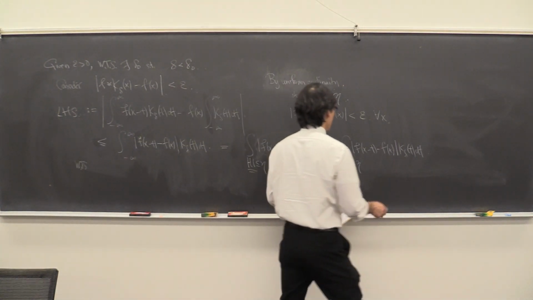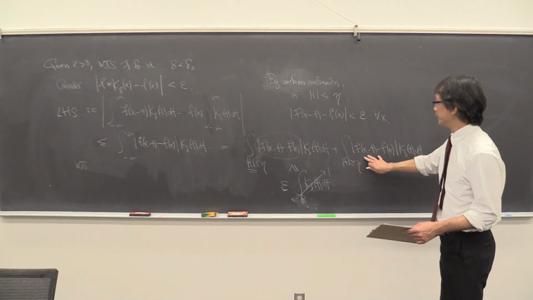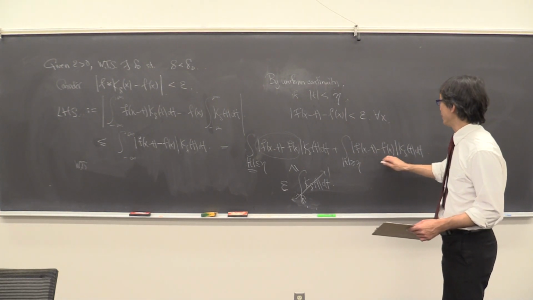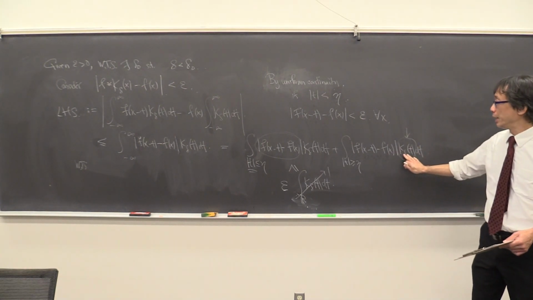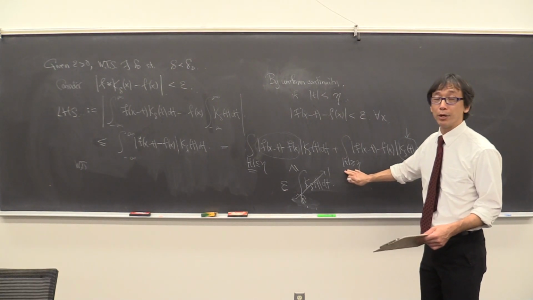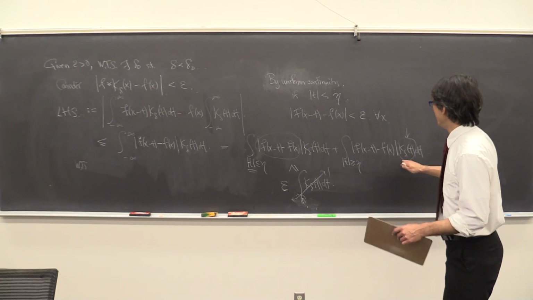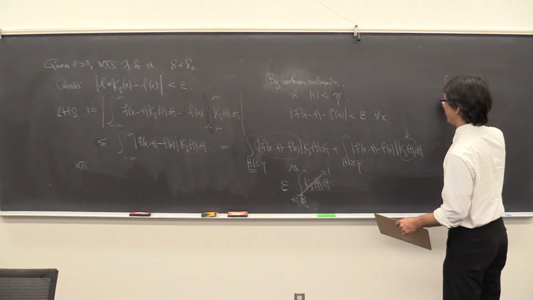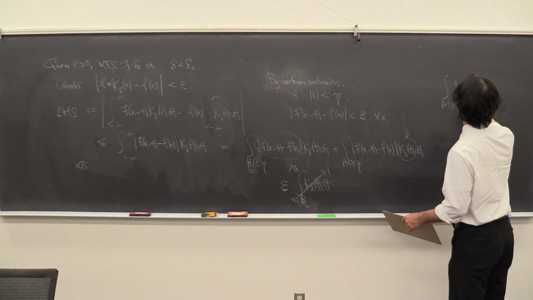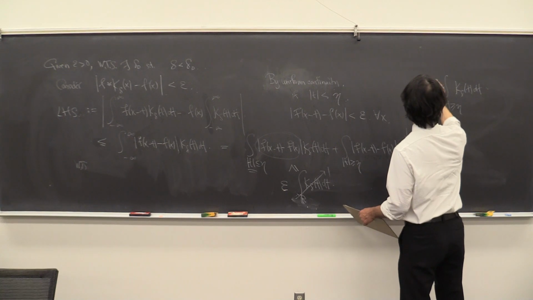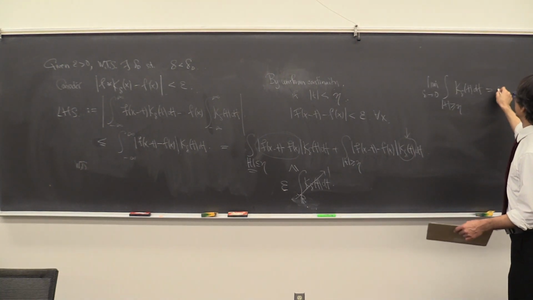Okay, and then on this side, we don't have control over this, but what we do have is that this is a good kernel, and so away from the origin, the limit as delta goes to 0 of this is 0.